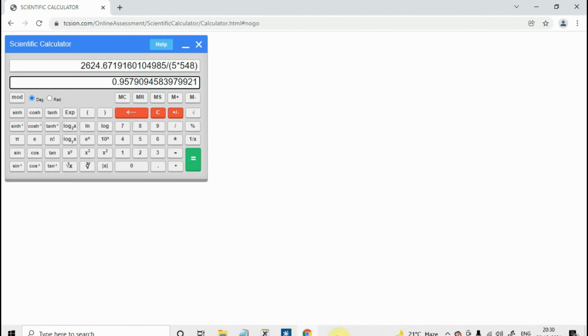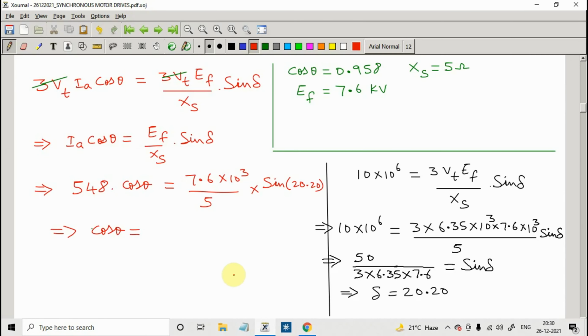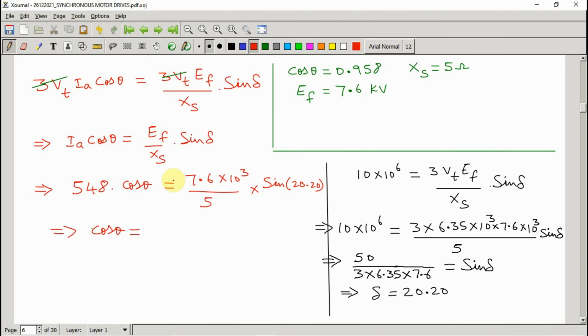Now it is tallied with whatever we calculated earlier. So it is cross checked, 0.958. You can write this as 0.958. So this is a cross check thing. You are basically cross checking it.